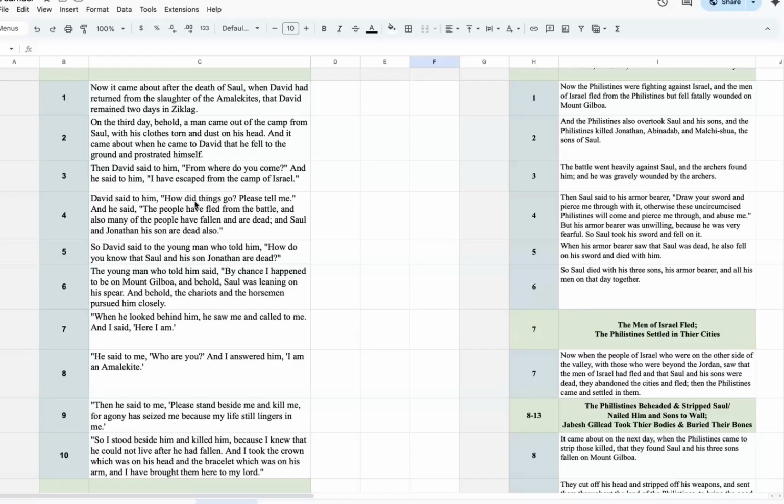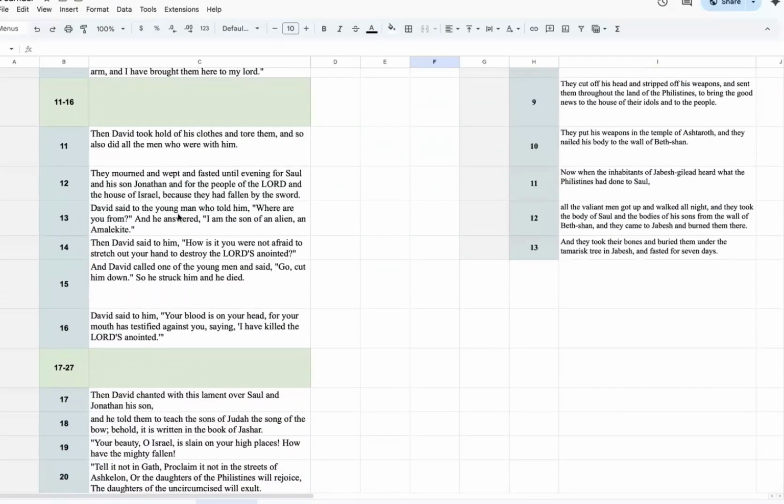We get more details later, but an Amalekite comes and tells David of Saul's death, just plain and simple.